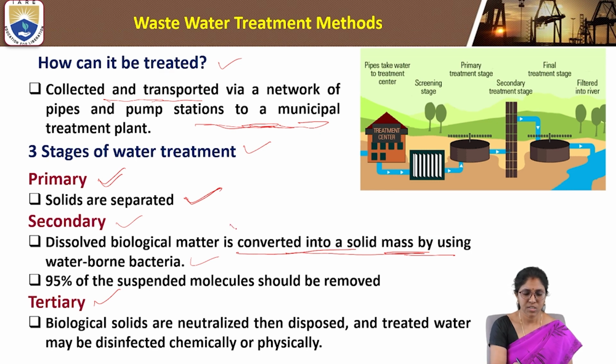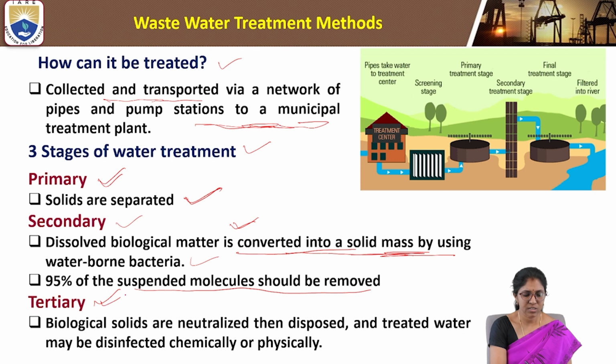By using secondary water treatment, we can remove the dissolved biological matter by converting it into solid mass using waterborne bacteria. 95% of the suspended molecules are removed by secondary wastewater treatment.